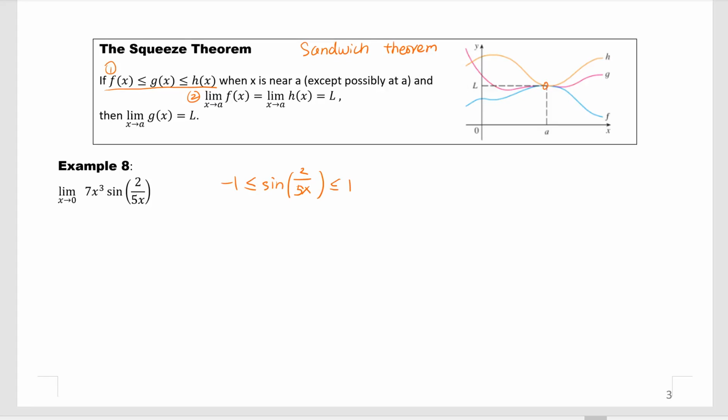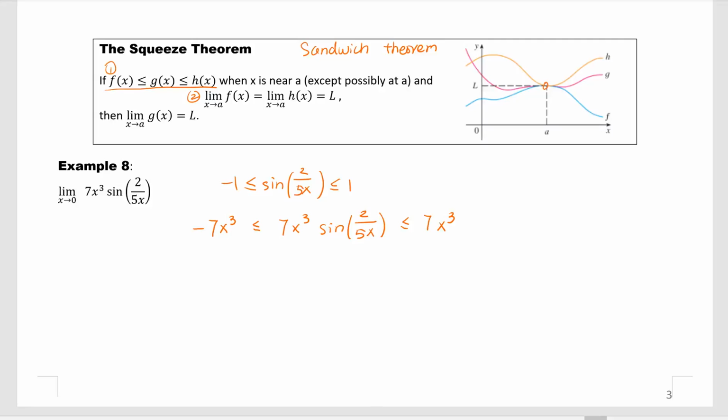And then how do you change from here to there? Well, it looks like we multiply by 7x cubed. So let's multiply by 7x cubed for each term. Minus 1 times 7x cubed is minus 7x cubed, and this is 7x cubed sine of 2 over 5x, and 7x cubed.